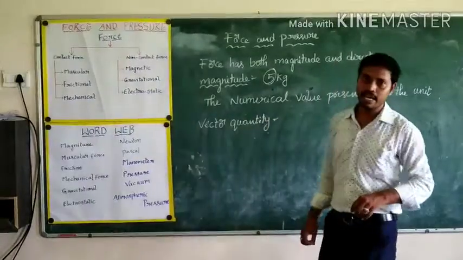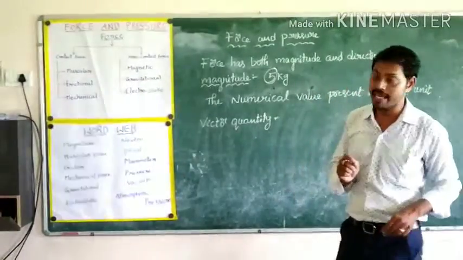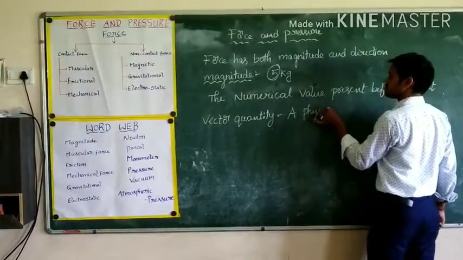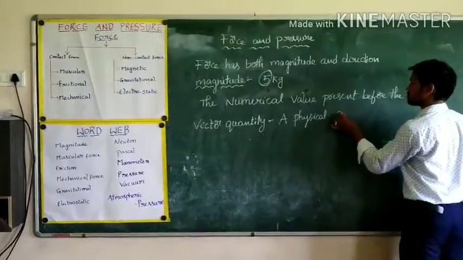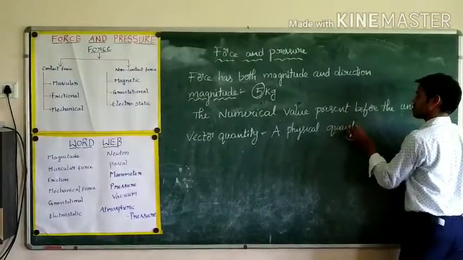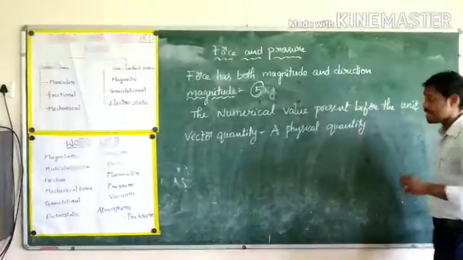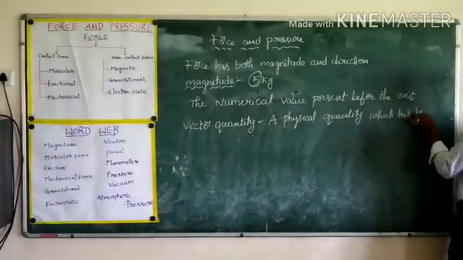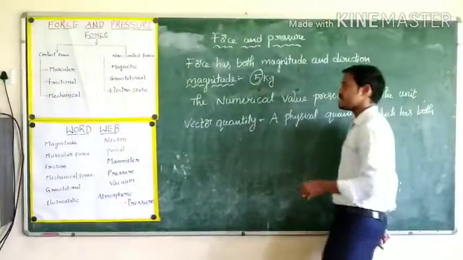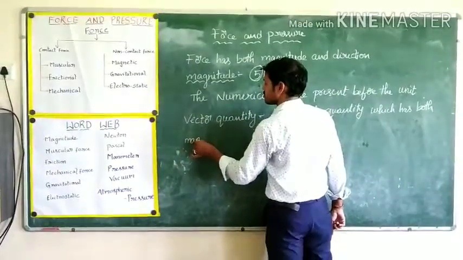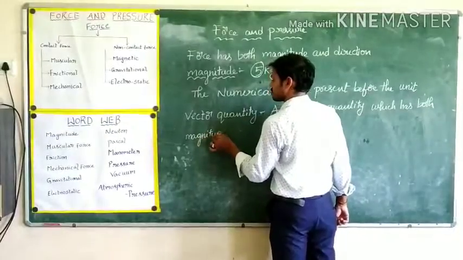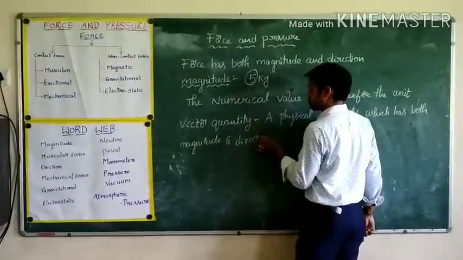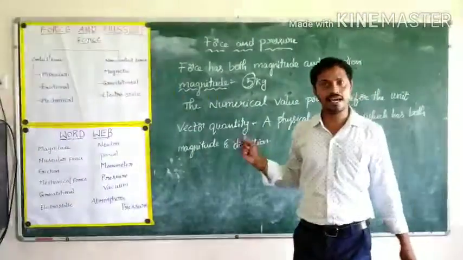What is a vector quantity? A physical quantity which has both magnitude and direction, that is called a vector quantity.